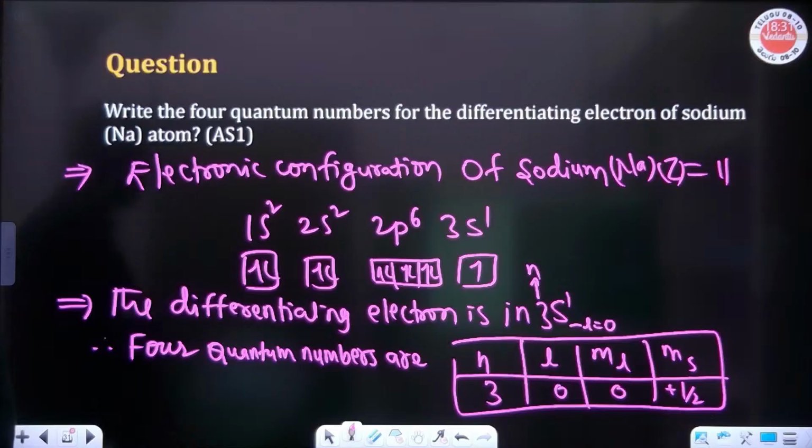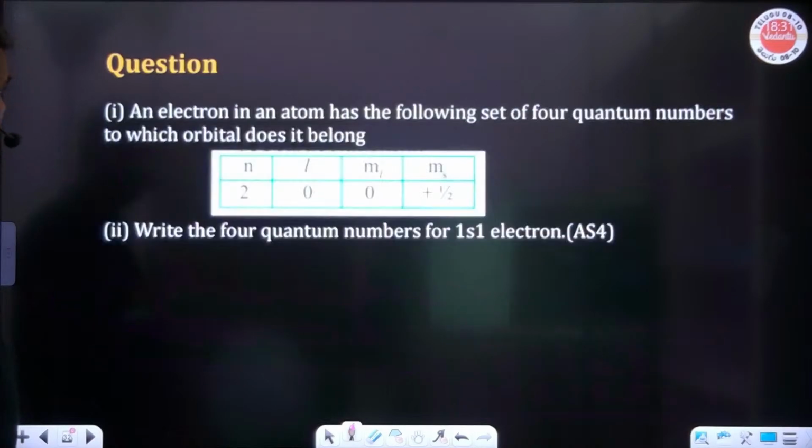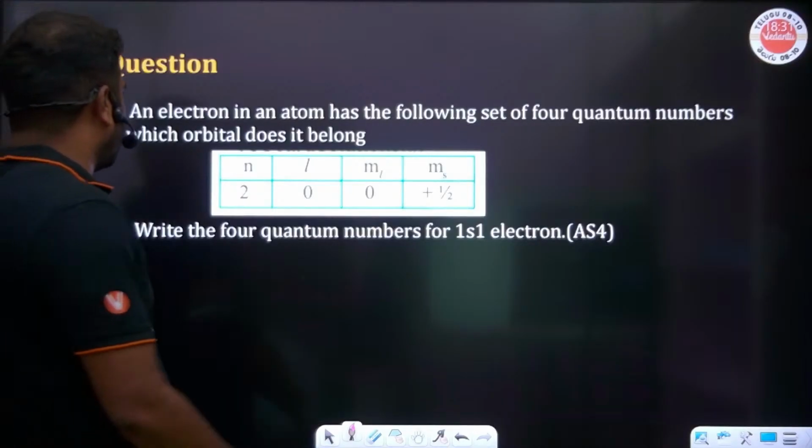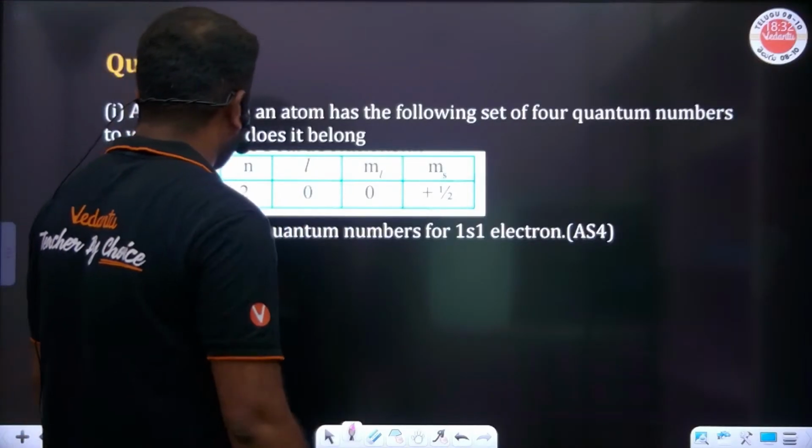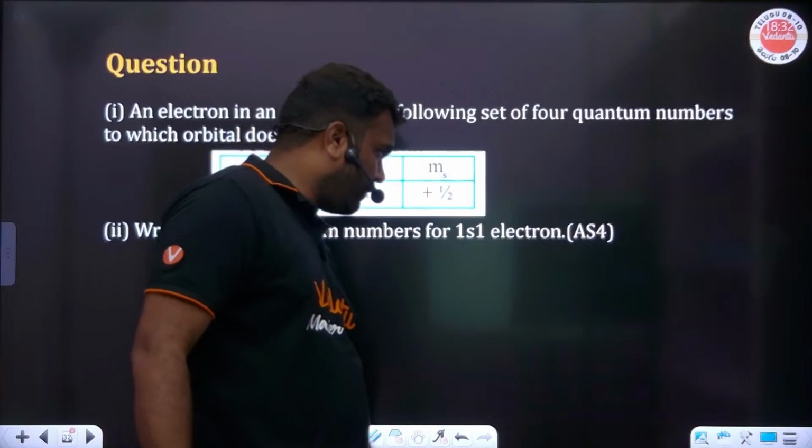Next: an electron in an atom has the following set of four quantum numbers. To which does it belong? They are asking to write the four quantum numbers of a 1s1 electron.